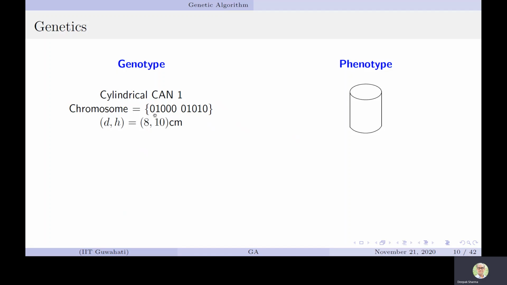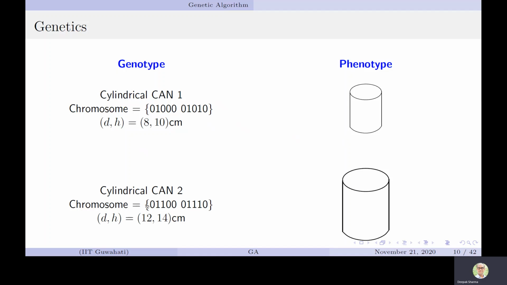Let us assume that the first 5 bits represent the diameter, and the rest of the 5 bits represent the height. When we decode the first 5, we get say 8, and when we decode the next 5 bits, we get 10. So when we get the diameter and height, we can see how the cylinder looks.